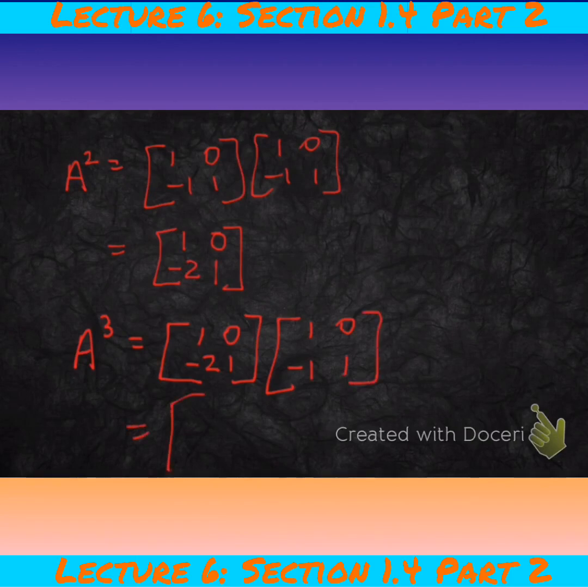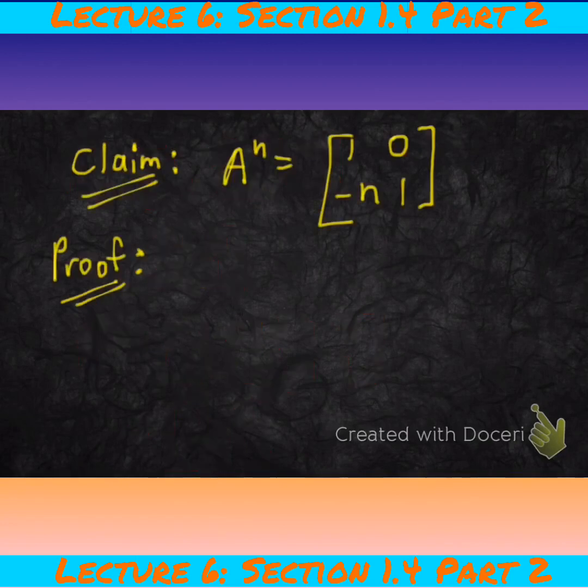And so you can see there that that entry seems to always correspond, at least in the first few cases, to that power. So you can just prove this by induction, that the nth power of A is just the matrix on the right hand side.